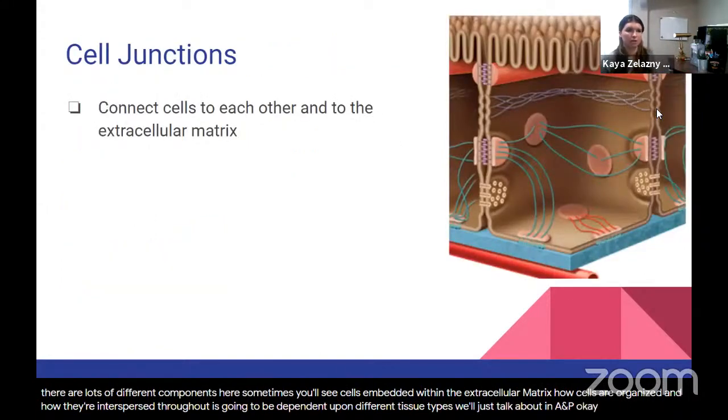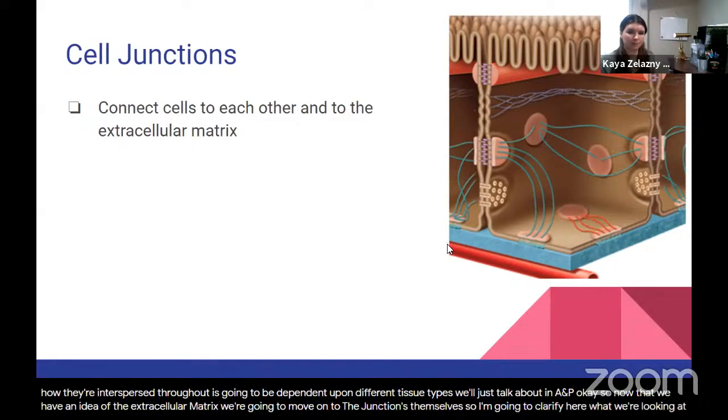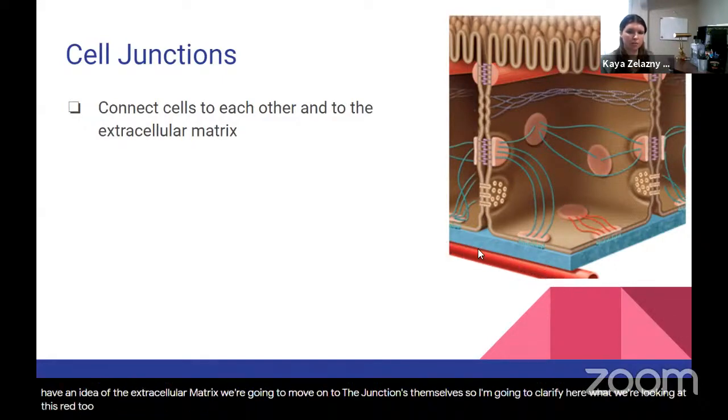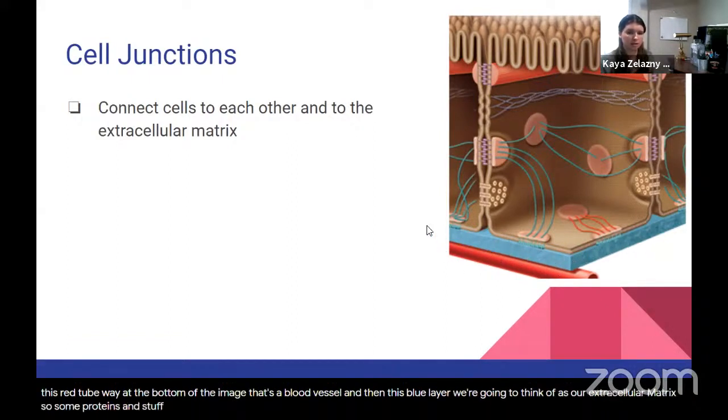Okay, so now that we have an idea of the extracellular matrix, we're going to move on to the junctions themselves. So I'm going to clarify here what we're looking at. This red tube way at the bottom of the image, that's a blood vessel. Then this blue layer, we're going to think of as our extracellular matrix. So some proteins and stuff, not within the cell, but originally created by the cell.